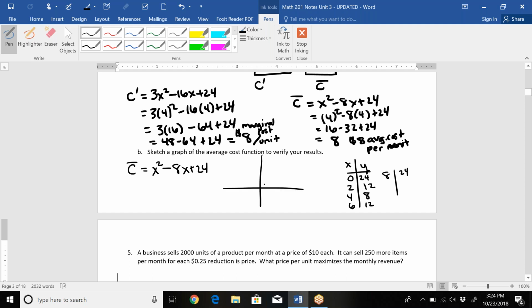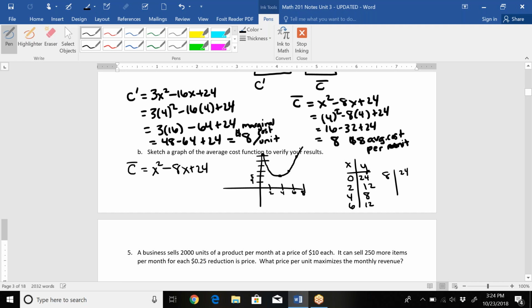When I plot this, I counted by 2, 4, 6, 8, and then I chose to count by 4s over here: 4, 8, 12, 16, 20, 24. So the points are 0, 24 and 2, 12, and so on.